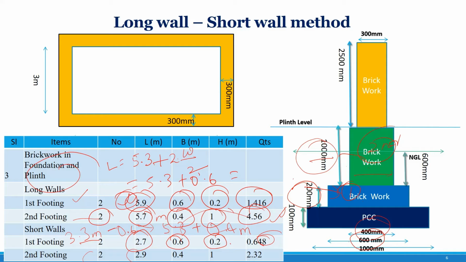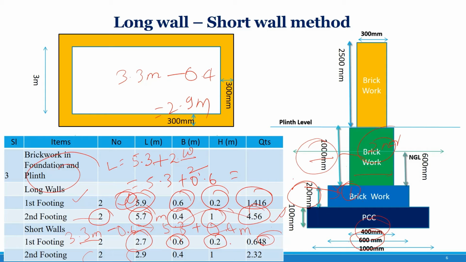And then the second footing, again you have 2. The length of the short wall will be 3.3 meter center to center, minus the width of 0.4, so it will come out to 2.9 meter. Then the width is 0.4 and the height is 1, multiplied by all, 2.32 cubic meter is your total quantity.